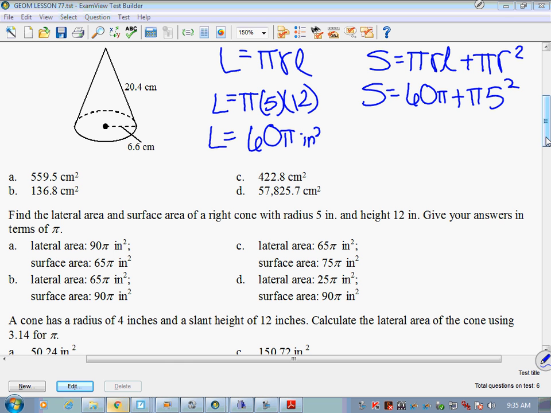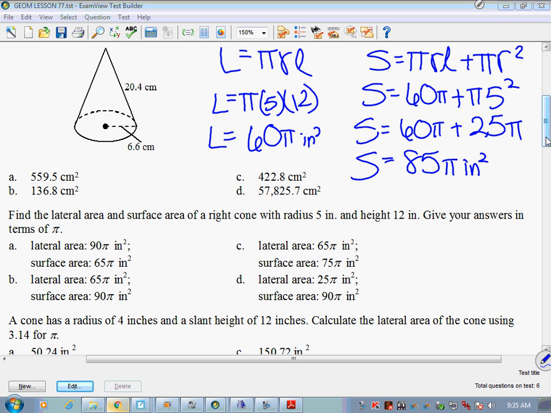So that's 60 pi plus what? 25 pi. Okay, so finally, what is my surface area? 85 pi inches squared. All right, so we're looking for a lateral area of 60. Did we do something wrong? I'm trying to see a 60 in here.